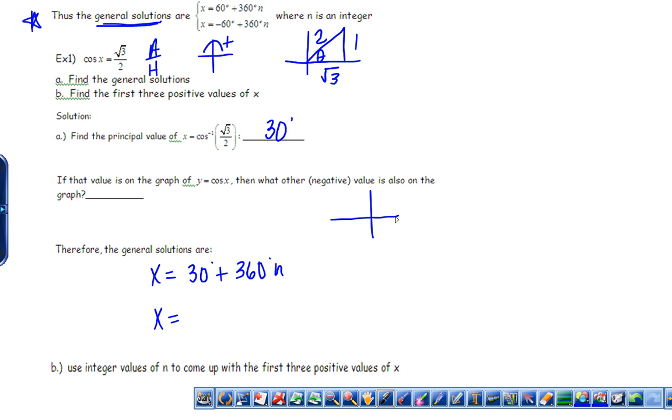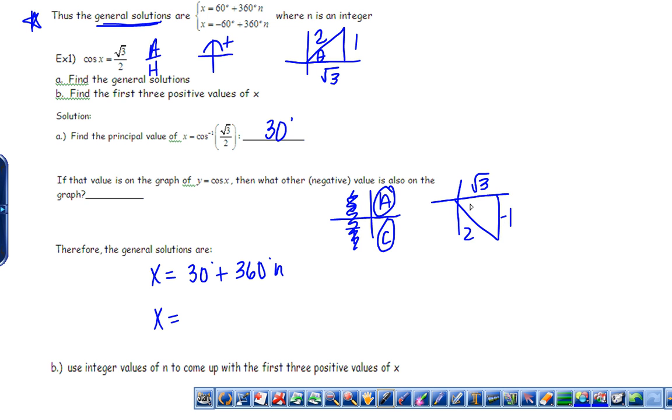Now, this is how I would approach this. All students take calculus. My angle was positive. Cosine was positive here. Cosine is also positive here, so it's not going to fall in these two angles. So if cosine is positive down here, then you would draw this triangle down here. Your hypotenuse was 2. Your adjacent was root 3, and this was 1. Now if you go down, then that's going to be a negative.